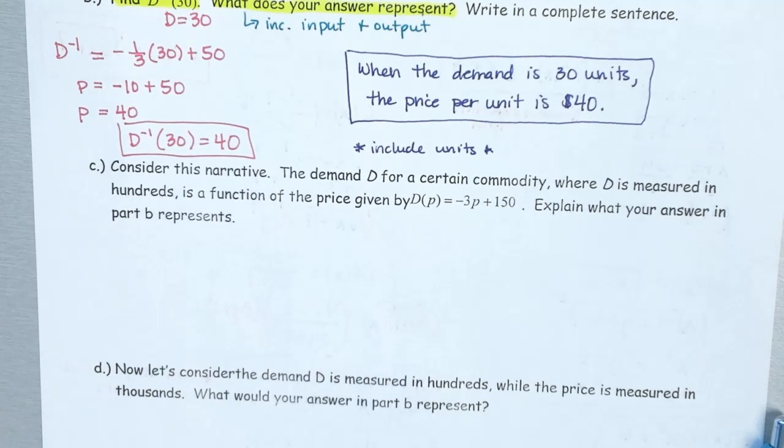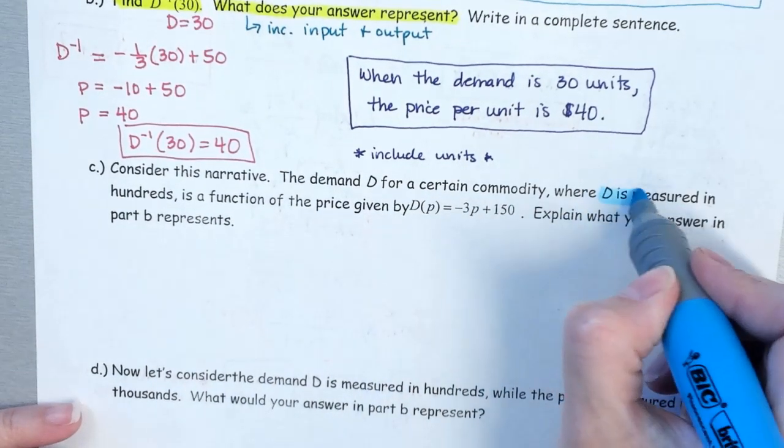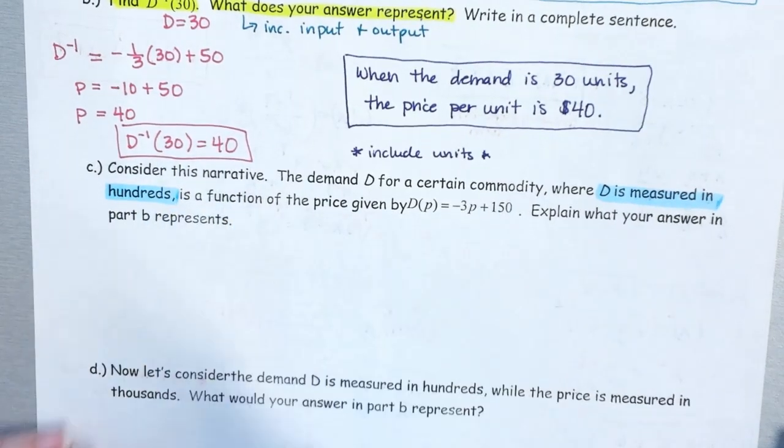Okay, and then for part C, we're going to have a different narrative, okay? So it's going to be very similar, but now the demand D for a certain commodity, it says where D is measured in hundreds. So that's going to be different, where D is measured in hundreds.